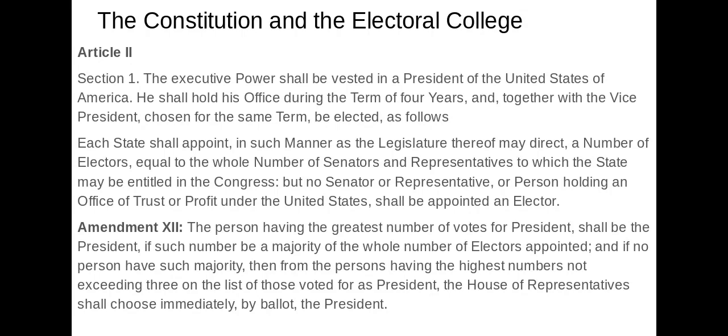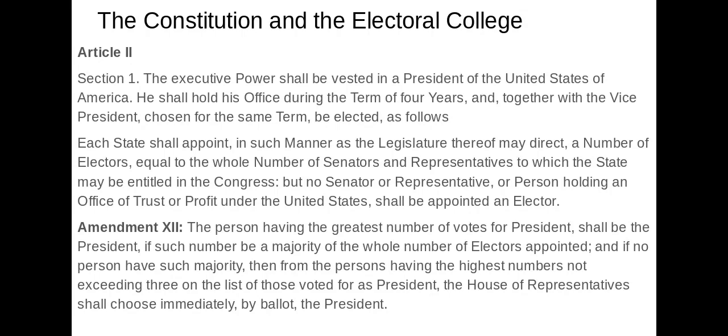The 12th Amendment, which was added after this controversy, determined that the greatest number of votes for president shall be the president, if such a number be a majority of the whole number of electors appointed. States appoint electors. And if no person has such a majority, then from the persons having the highest number, not exceeding 3 on the list of those voted for as president, the House of Representatives shall choose immediately by ballot the president.